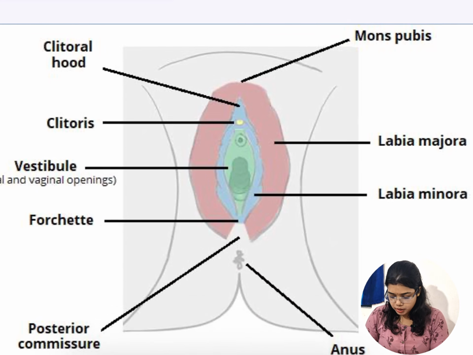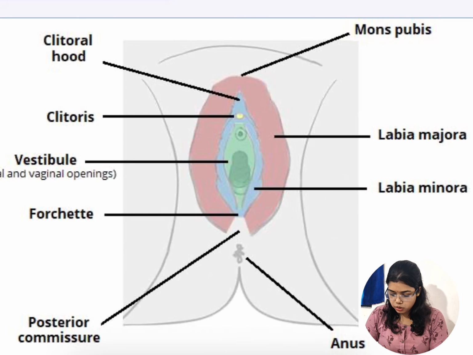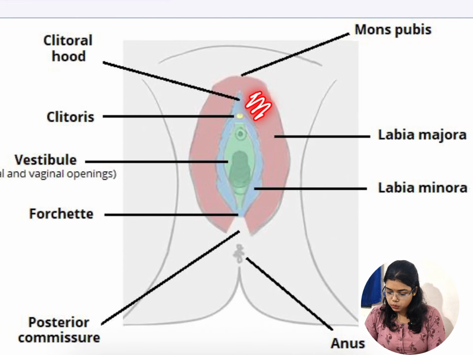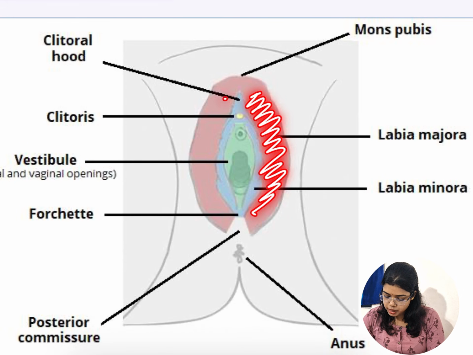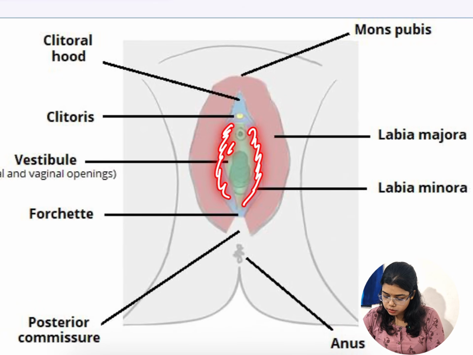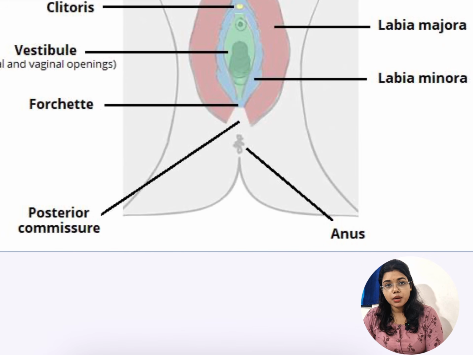Then next, here is another picture, marked well. Labia majora, then here is the labia minora. Then green one is the vestibule, where there is presence of urethral as well as vaginal opening. Here is the clitoris, and this is the clitoral hood. I'll be discussing the clitoris in detail. And here is the anus, and this is the posterior commissure.